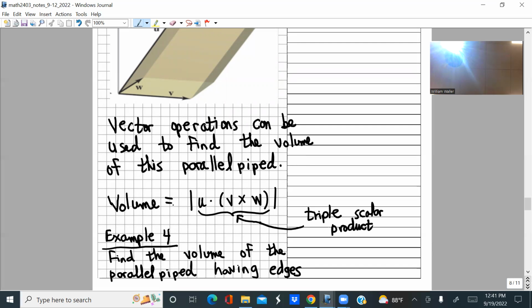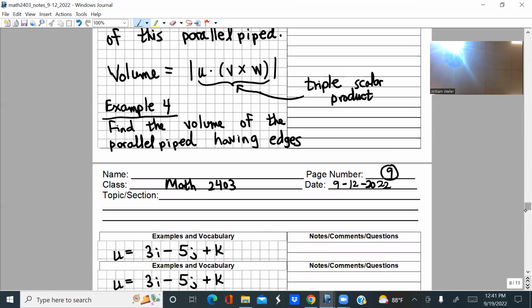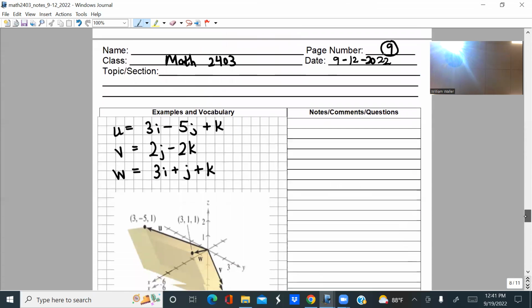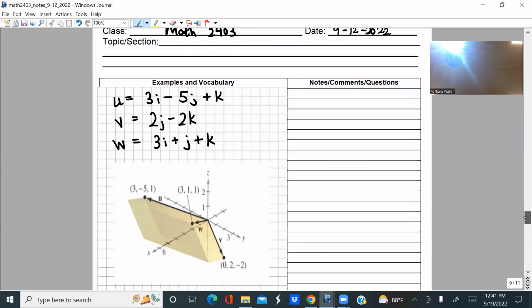So recall this when you're working on your homework, right? Okay. The volume of a parallelepiped is this triple scalar product. I have an example for this, but here's the picture. But I'm not going to go through the calculations in the example. In the example, we wanted to find the volume of that parallelepiped formed by those three vectors.